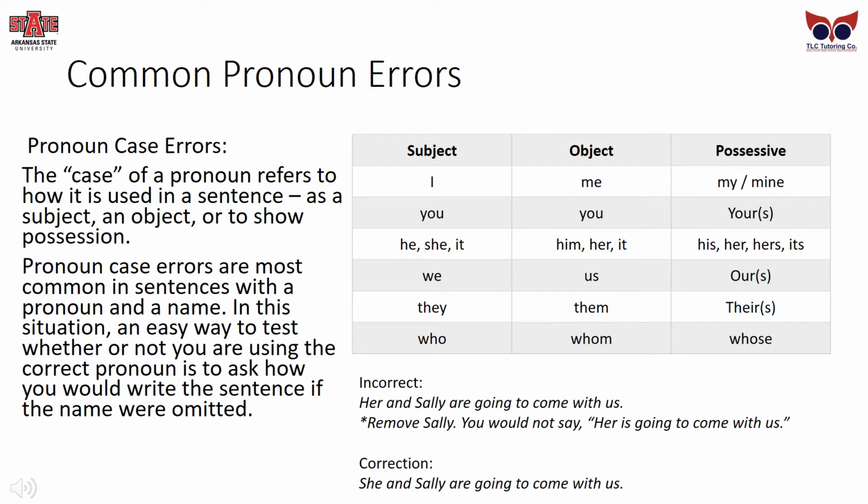You'll notice in the incorrect example, her and Sally are going to come with us. If you removed Sally, you would never say, her is going to come with us. To correct the sentence, you should say, she and Sally are going to come with us.